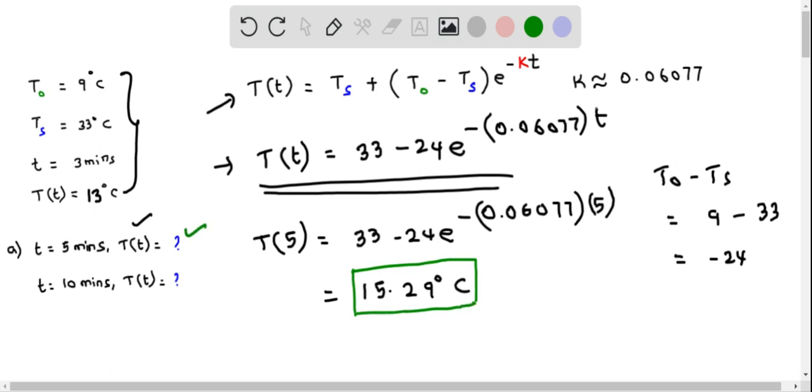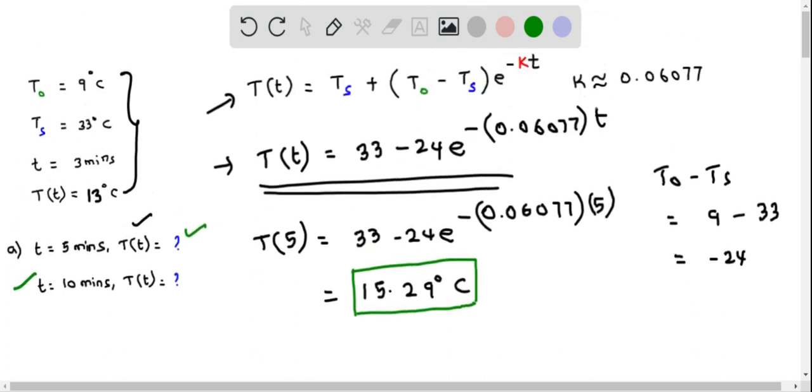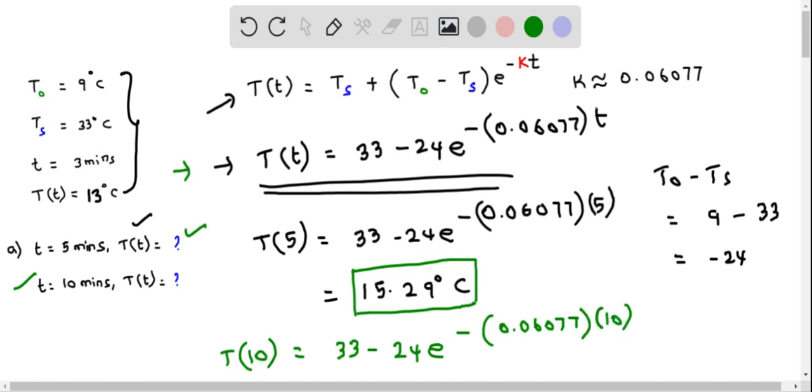Now we will determine the temperature of the thermometer after 10 minutes by plugging t equal to 10 into this equation. So we get T(10). This equals 33 minus 24 times e raised to the power of negative 0.06077 times, replacing t by 10.